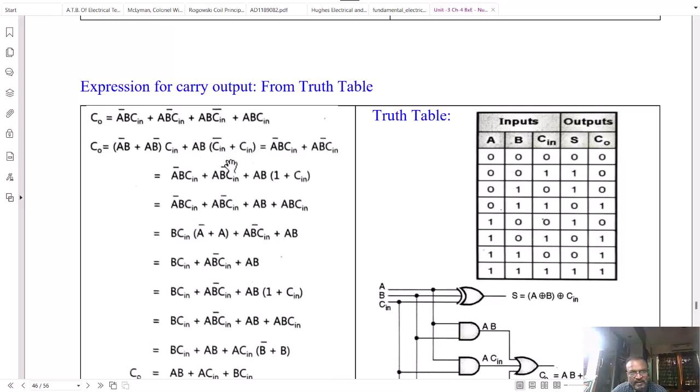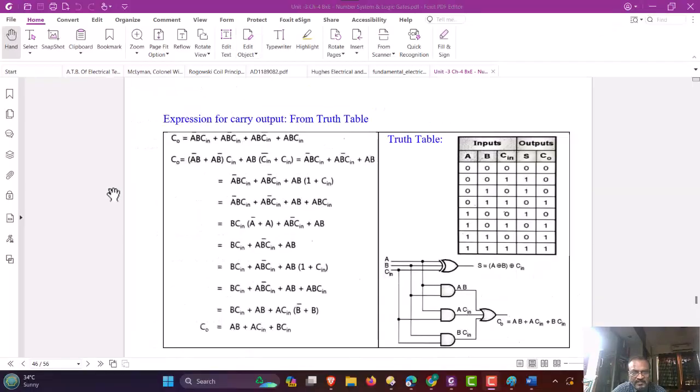So ultimately, any variable ORed with its complement, that is C in bar or C in, equals 1. So we get A bar B C in or A B bar C in or AB.